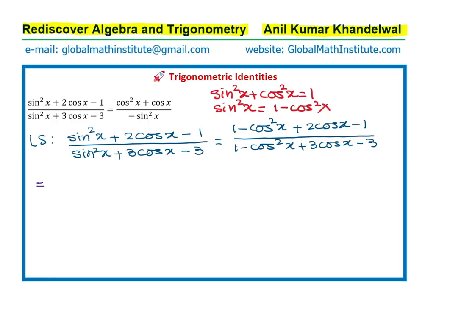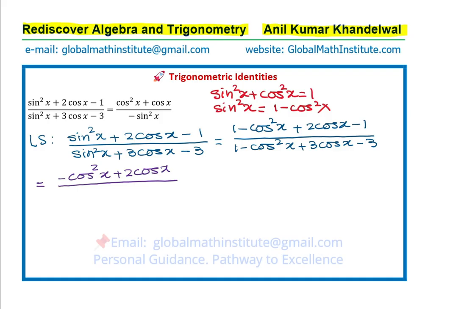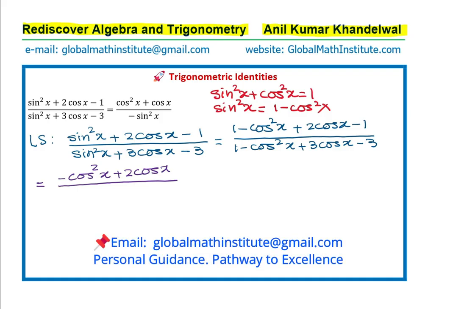So we get minus cos square x plus 2 cos x. In the denominator, we get 1 and minus 3 becomes minus 2. We get minus cos square x plus 3 cos x minus 2.